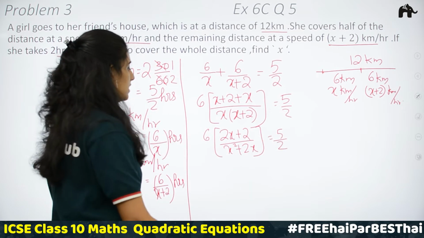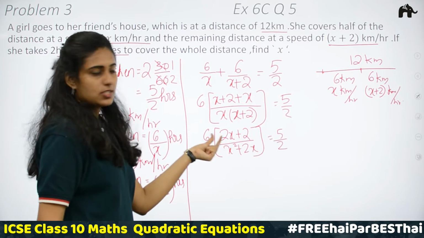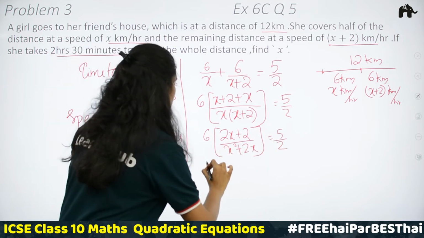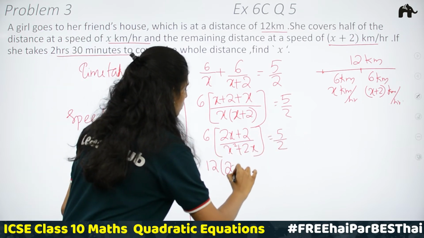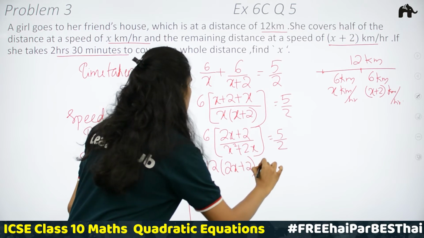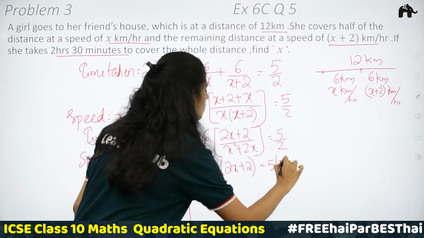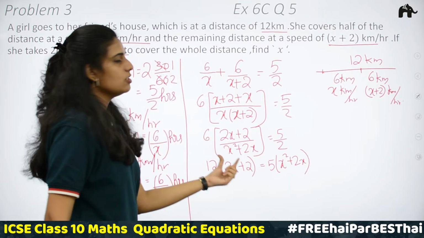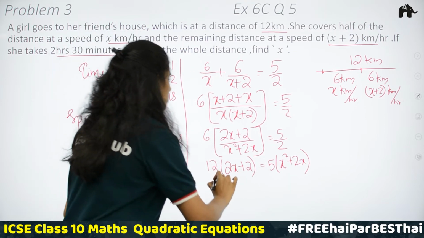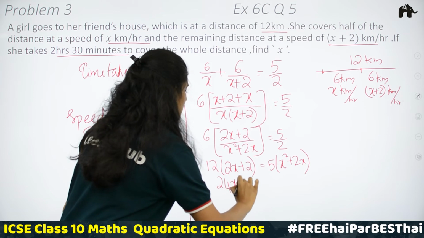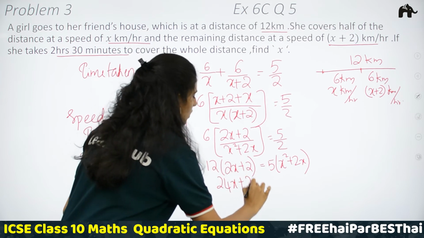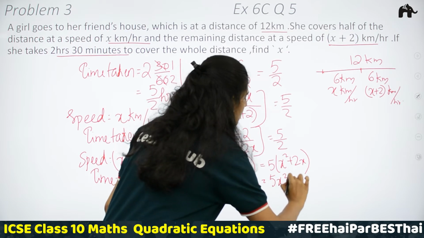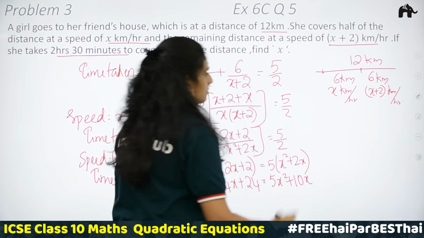Now rearranging this, bringing this 2 to the opposite side and this term to RHS. We get 12 into 2x plus 2 is equal to 5 into x square plus 2x. 12 into 2x is 24x plus 12 into 2 is 24, is equal to 5x square plus 10x.